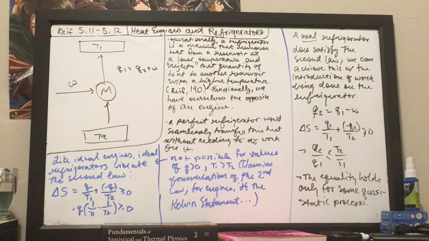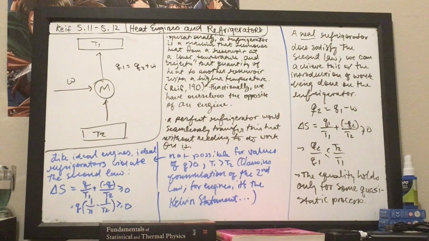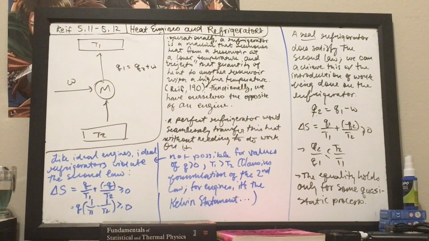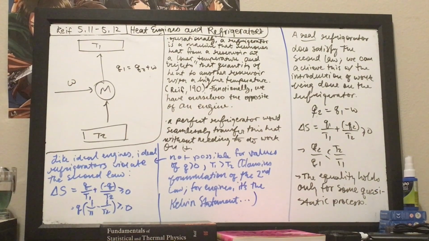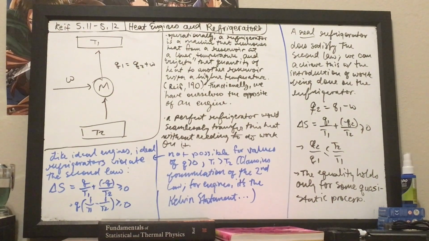If we don't look at work whatsoever, we notice that for an idealized refrigerator, the change in entropy is equal to some amount of heat, Q, being added to the higher temperature reservoir minus that same amount of heat from the lower temperature reservoir. We set that equal to 0, and then we can factor out our Q.